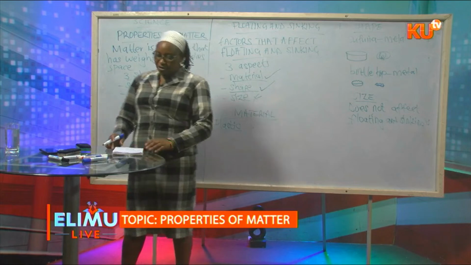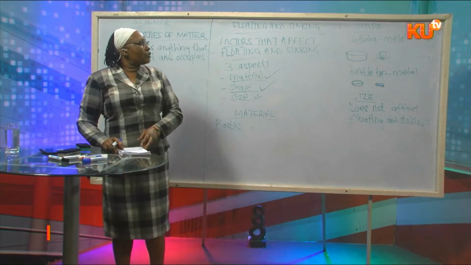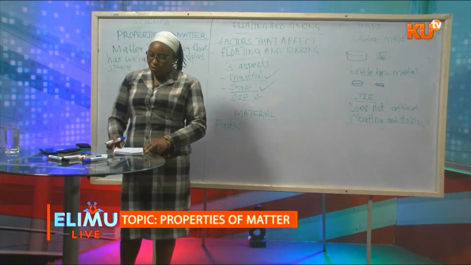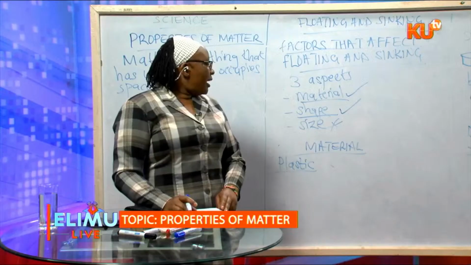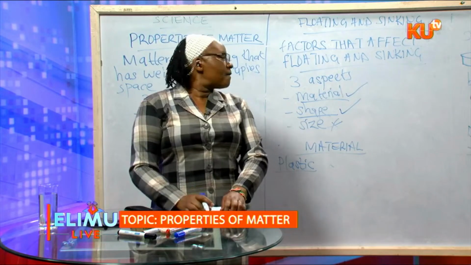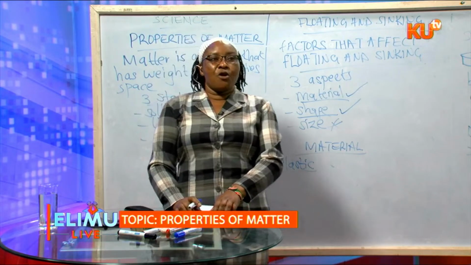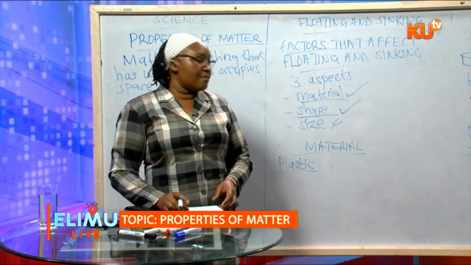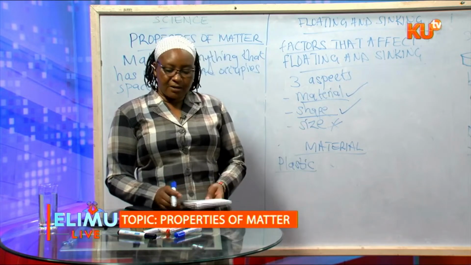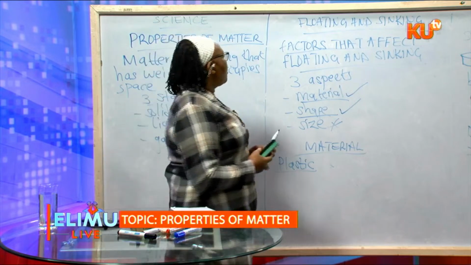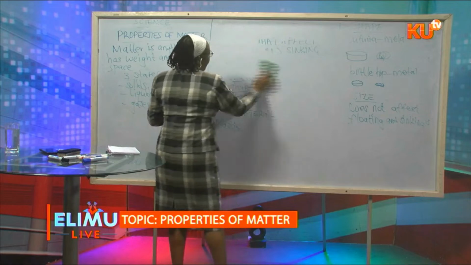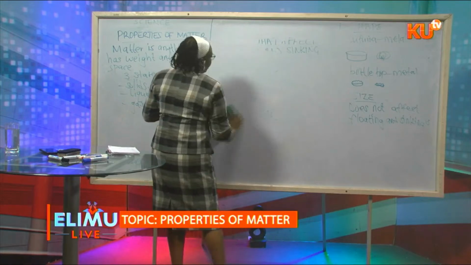So in your questions, as you revise the topic floating and sinking, you should always remember that the aspects investigated are three. We have material, we have shape, and we have size, but only the material and the shape affect floating and sinking. So I would like us to look at some questions which are usually asked during the KCPE.